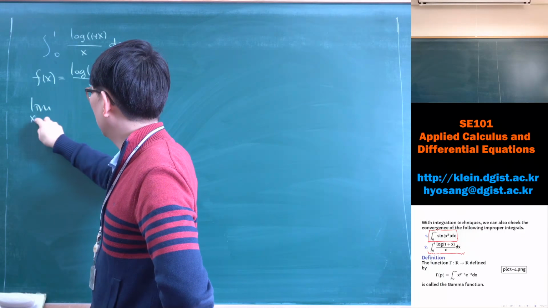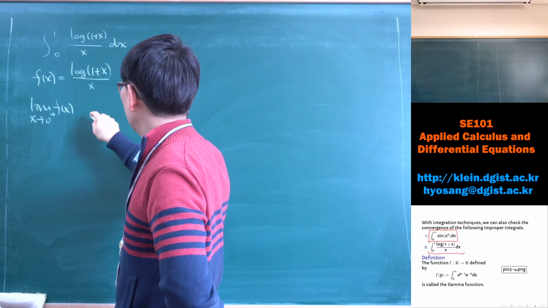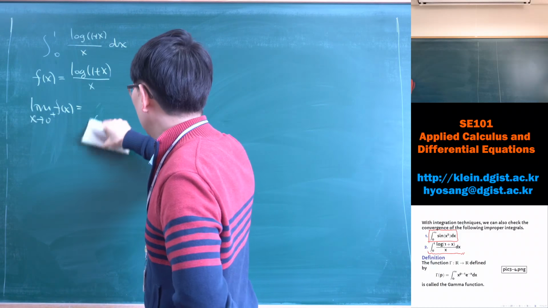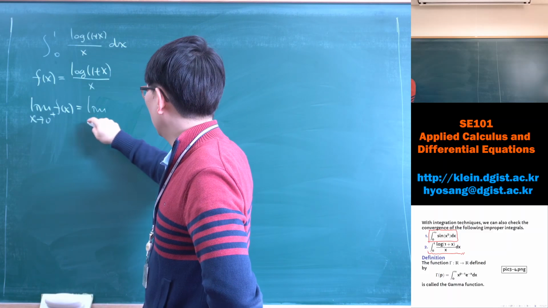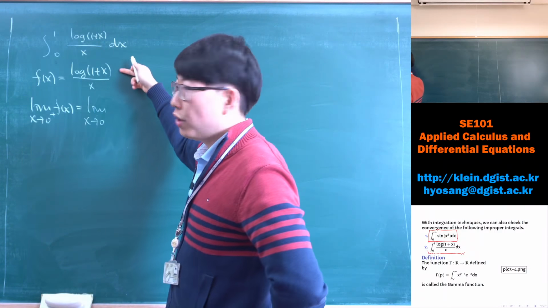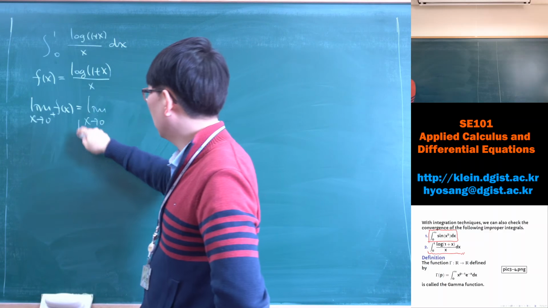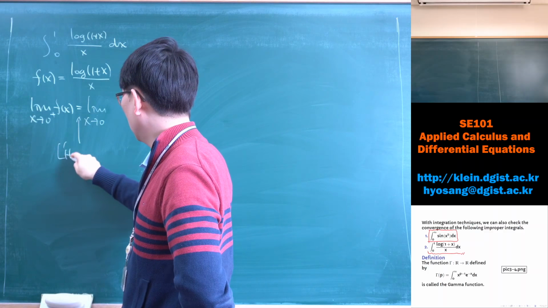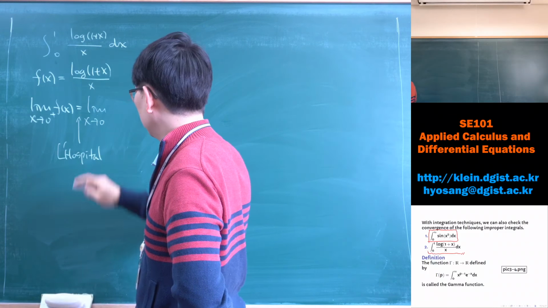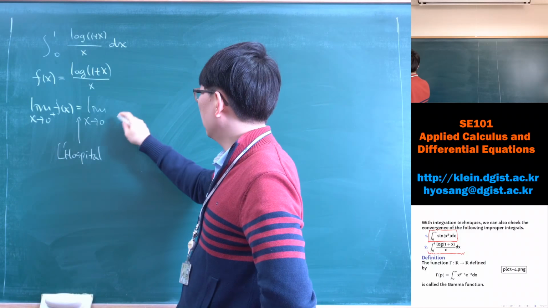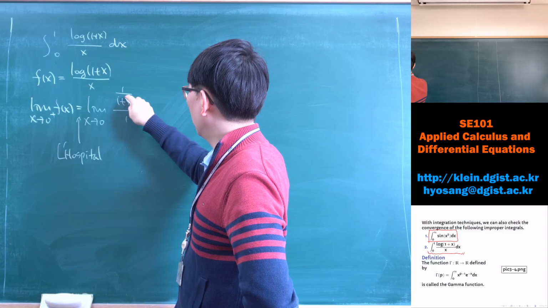So the limit of this function, the right limit at 0, is, now the numerator and denominator both go to 0, so you can use L'Hopital's rule. The denominator is 1 and the numerator is 1 over 1 plus x.